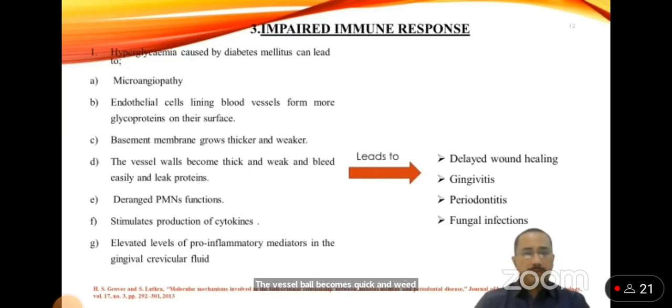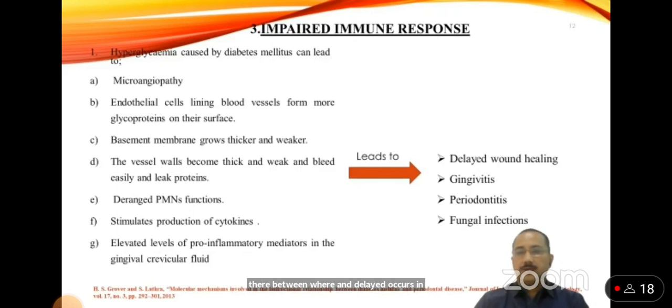Deranged polymorph cells are also a problem, and this stimulates production of cytokines due to inflammatory mediators and elevates the level of pro-inflammatory mediators in the gingival crevicular fluid. These all lead to a change in the immune response. It is impaired, and delayed healing occurs.